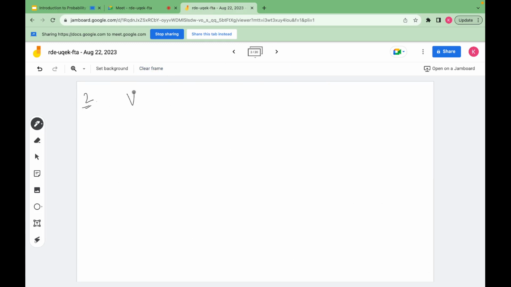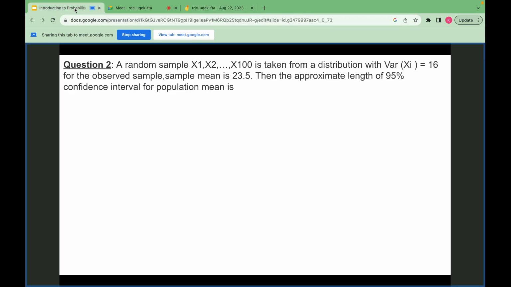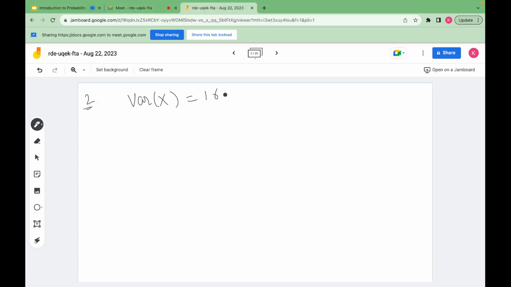In the question the variance is given as 16. This is the variance of the population, so this is sigma squared. There are total 100 samples, so the sample size is 100.